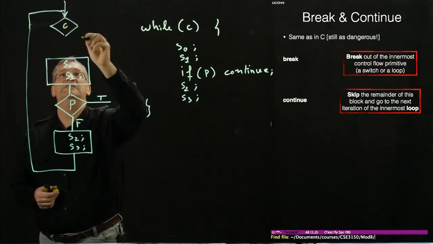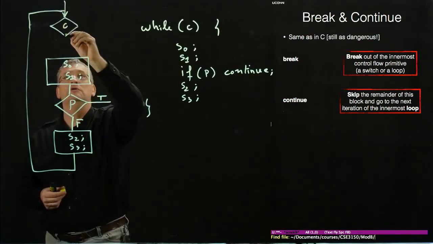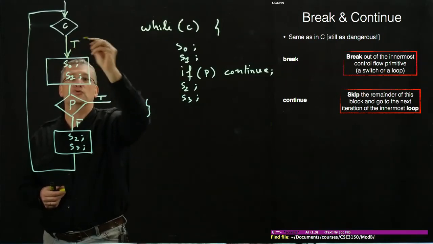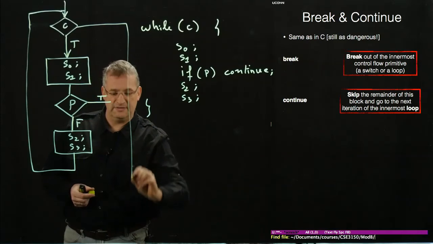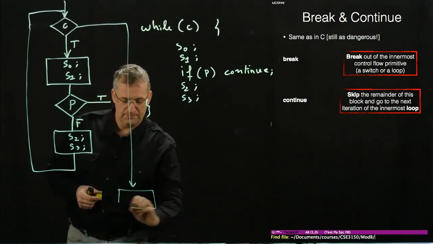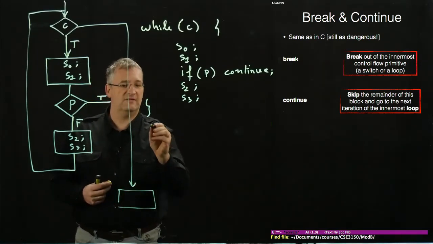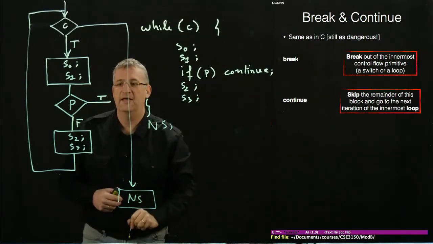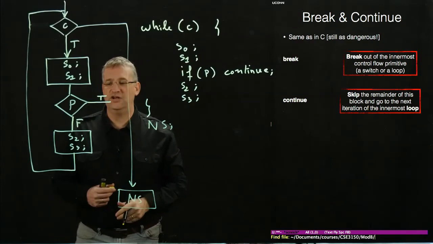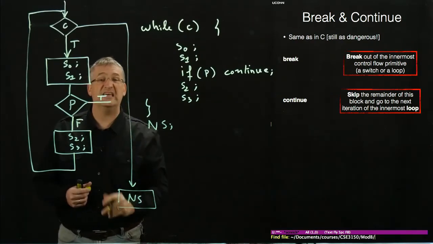I will come back into this place. I will evaluate C. If C is true, then clearly we carry on. So true follows this path. If it's false, that's quite easy. We leave. That's, let's call it NS, the next statement. So I go to NS. And what about this path that's not finished? Well, that's the path where I say continue.